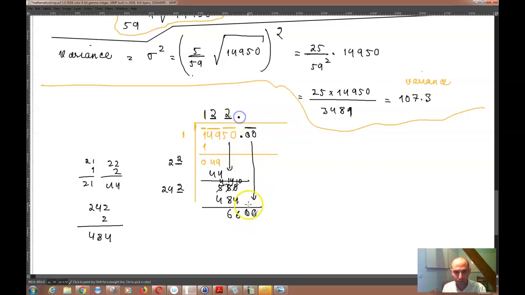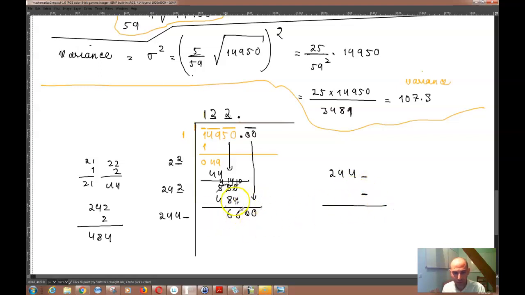Right? And you can write your 242, add 2 to it, you'll get 244. 244, and 1 more digit here, and 1 more digit here, and you're looking for 244 and 1 more digit here times the same digit here.